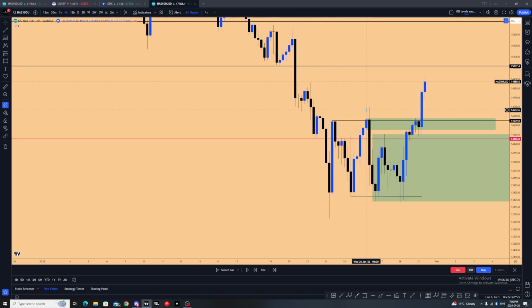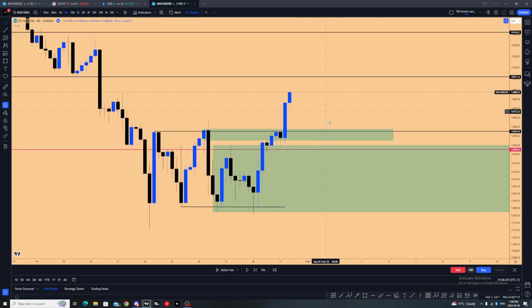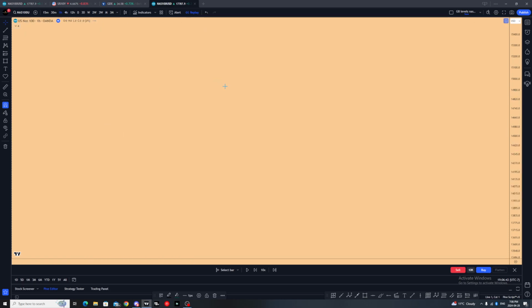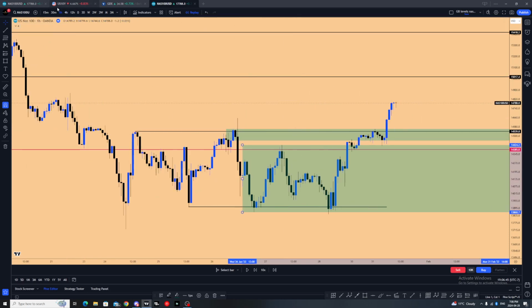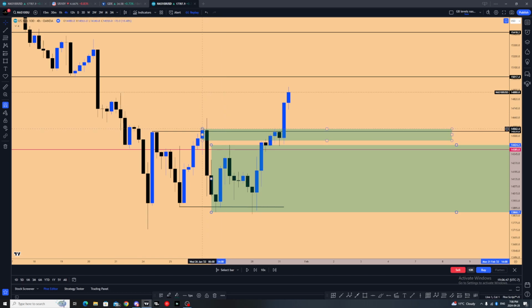So what that means is, when the market comes down, it will be finding support at this 4-hour breaker. Now, that hourly breaker I was talking about, it transpired into a 4-hour bearish order block as well.